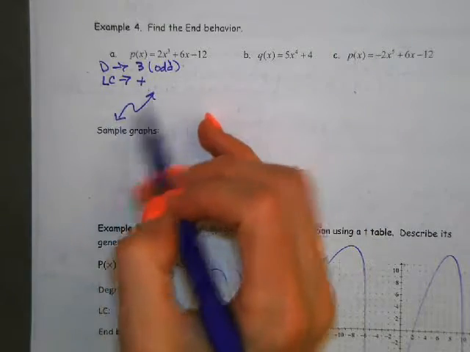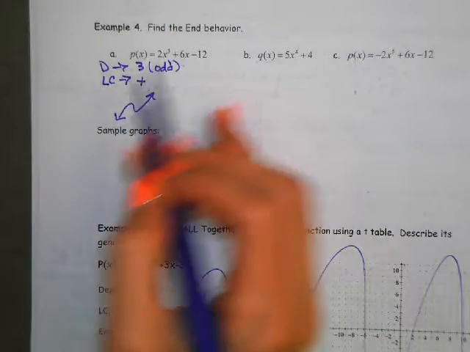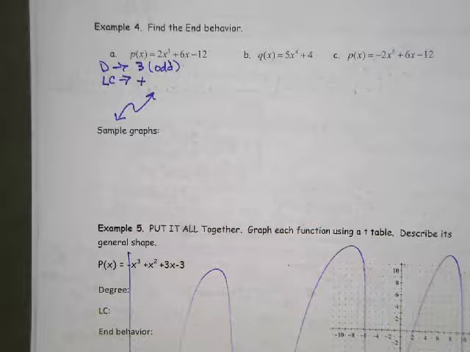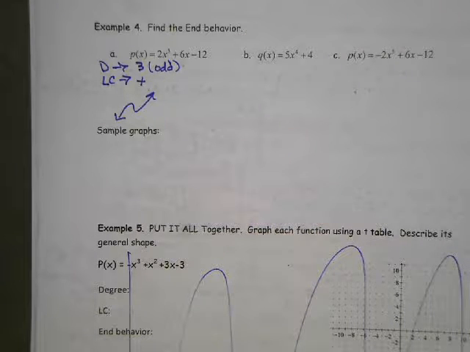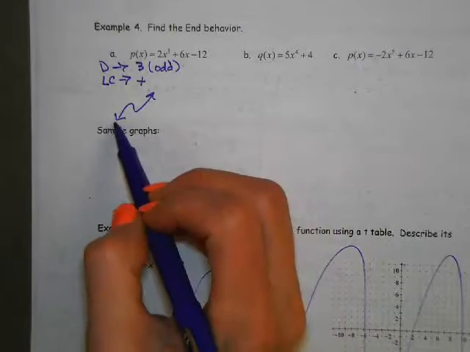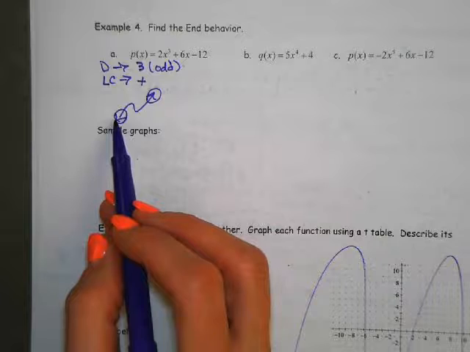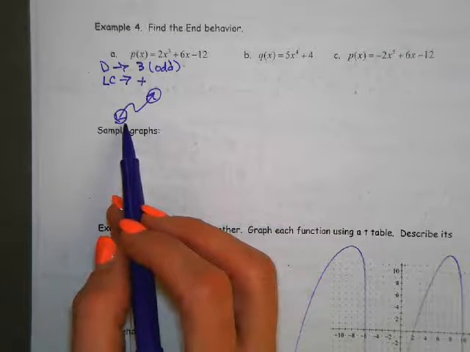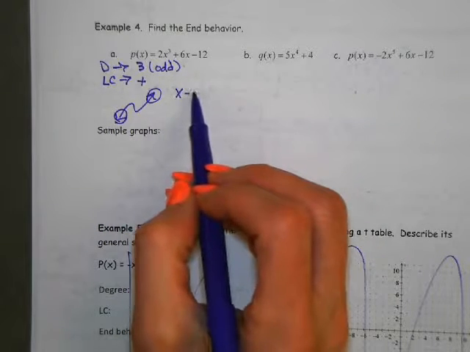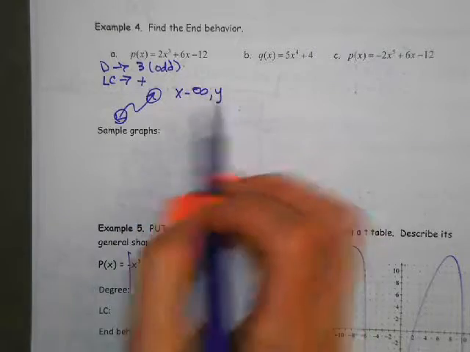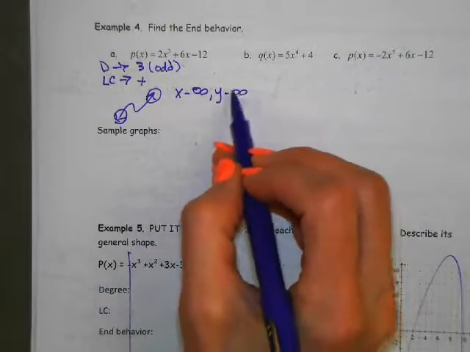Because I have 3 curves, right? It's 1, 2, 3. They're going to be opposite direction. It's positive, so it's going up. Right? Does that make sense how I did that? So I have end behavior here, and I have end behavior here. So what is my y behavior right here? So as x is going to negative infinity, what is y doing? Negative infinity.